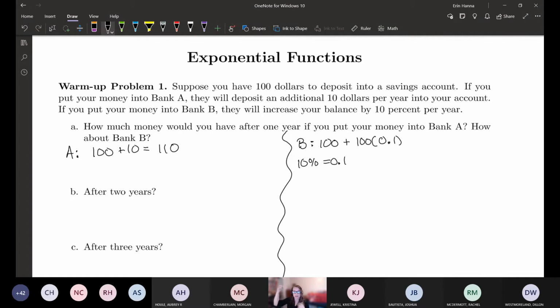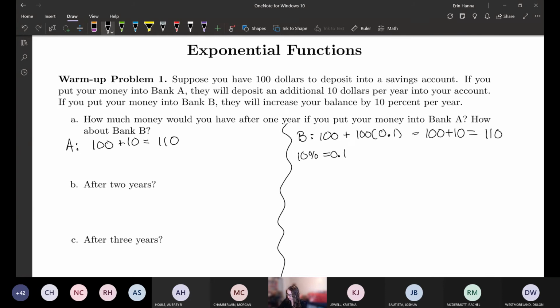So if Bank B is increasing the balance by 10%, we're increasing it by 10% of 100. So 100 plus 10, and we will also have $110 after a year in Bank B. So far they're equivalent. Well, let's see what happens in the next year.